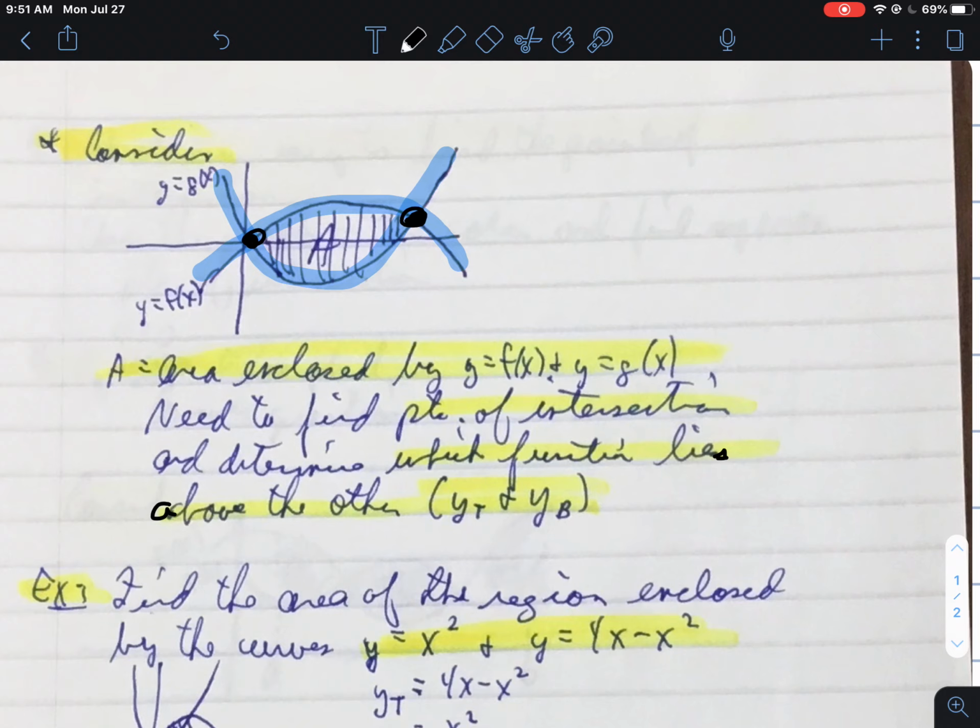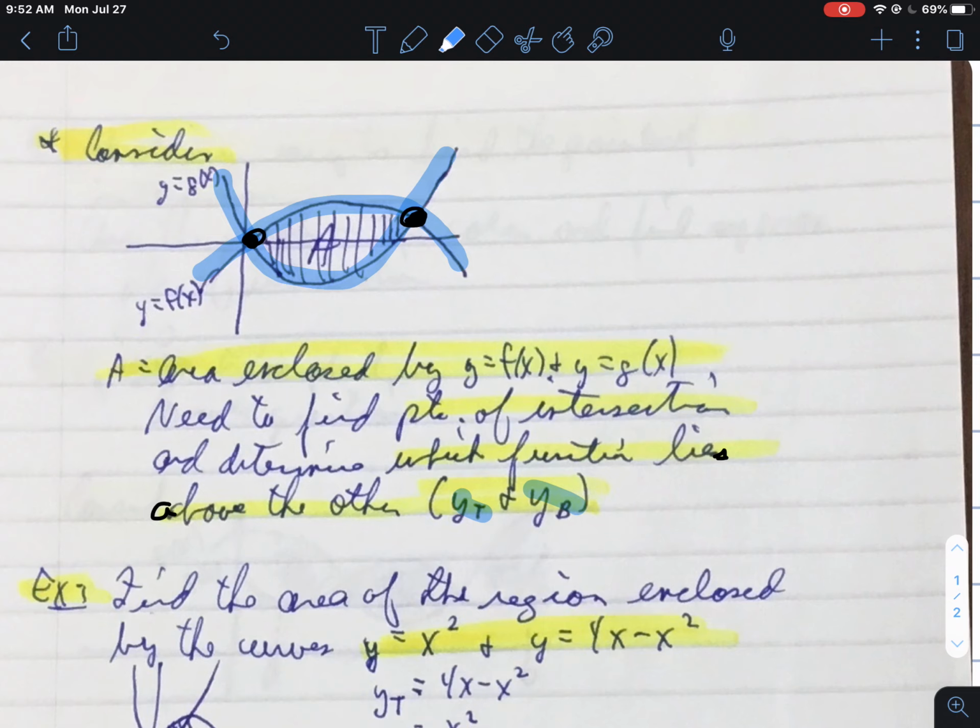So we need to find those points of intersection. And then we need to also determine, as we said previously, which function lies above and which function lies below. So what is my top function and bottom function? Maybe call them y sub t and y sub b, just to give them a notation, the top function and the bottom function. And then once we have that determined, then we'll just set up our integral as before and do our calculation.